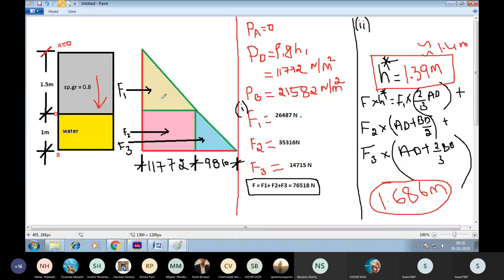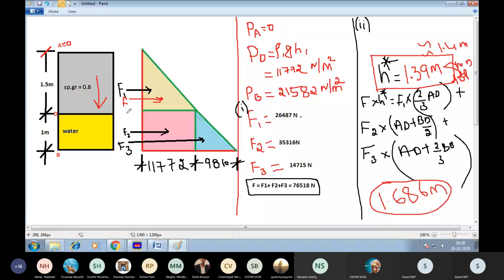It will come somewhere here. So the force F is going to act 1.4 meter from top. You have to write here.